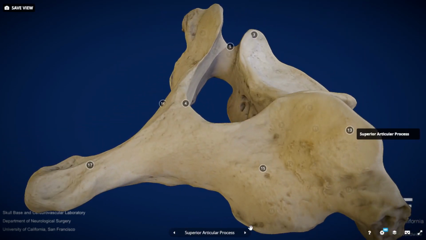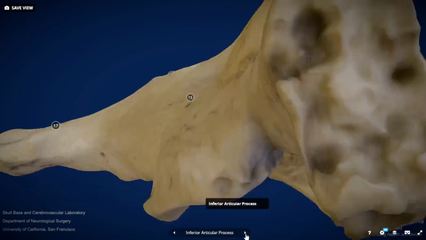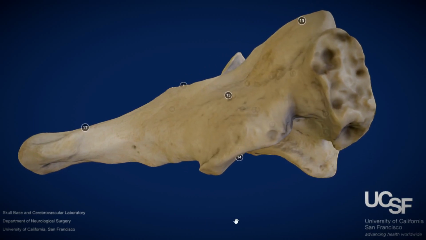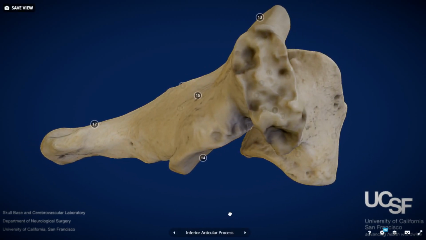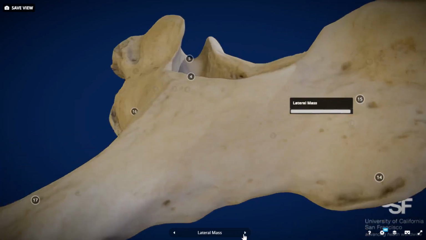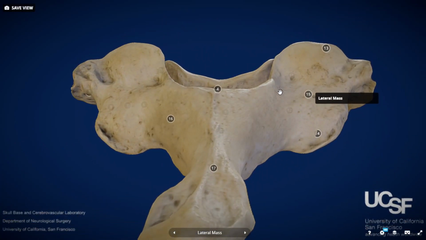Now, the superior articular process and the inferior articular process tend to go in a more coronal direction, meaning that they tend to go more vertical than the upper segments of the cervical region. And another thing, we already mentioned the lateral mass, which is in between the superior and inferior articular processes.